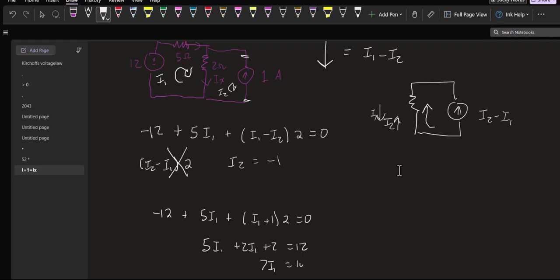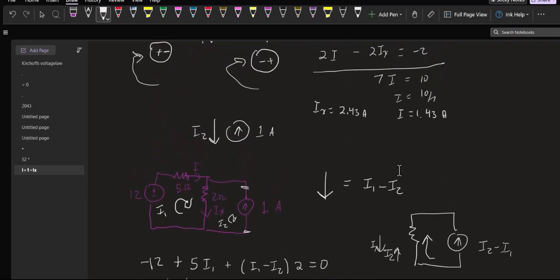7I1 equals 10. I1 equals 10 sevenths, which is 1.43 like we had before, because that is what 10 sevenths is.